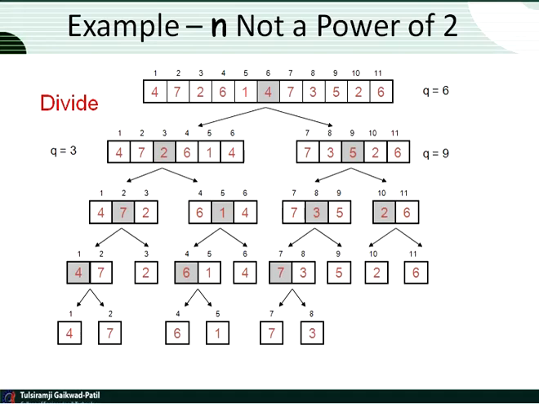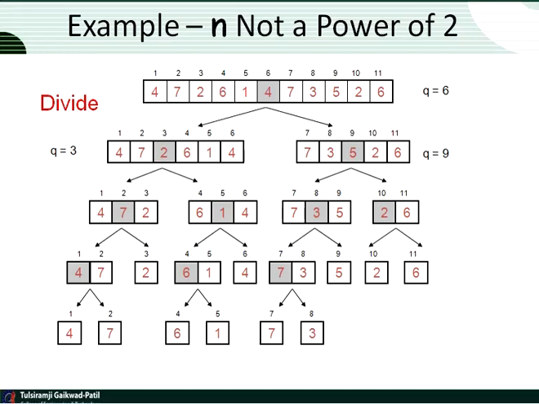That 6 again gets divided into two different parts of 3 each, and that 3 will again be divided into two different parts, like this, and one is of 2 and another one is of 1 itself.